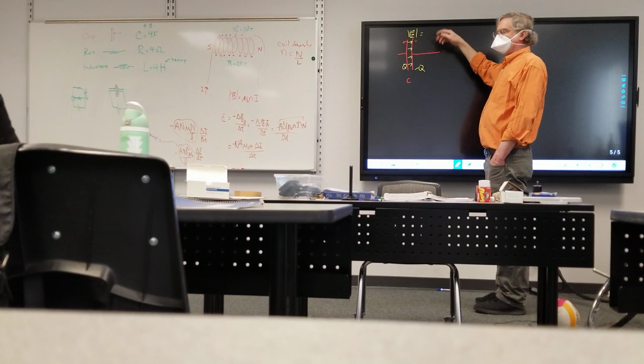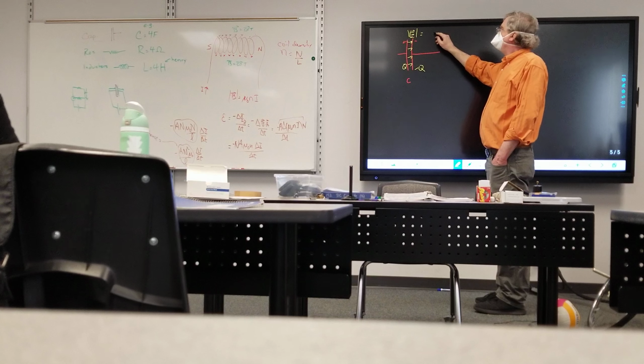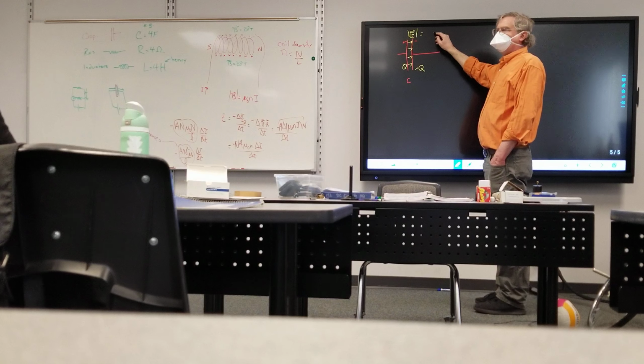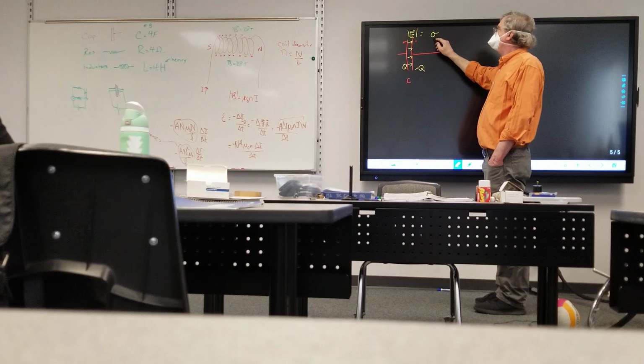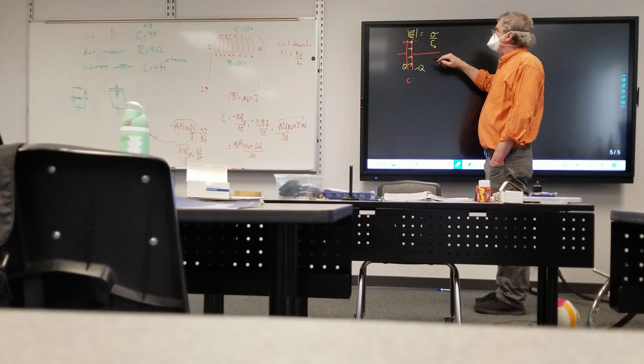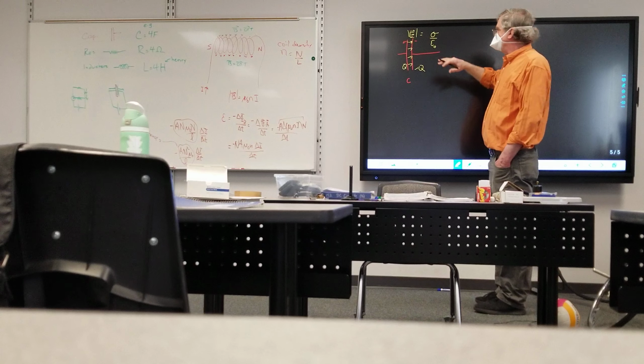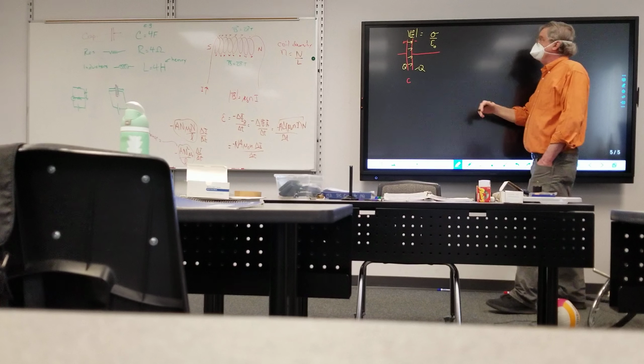I have no dielectric in there, so then it would just be the sigma over epsilon, which equals delta V over D. We don't have anything between the plates. So just sigma over epsilon naught.